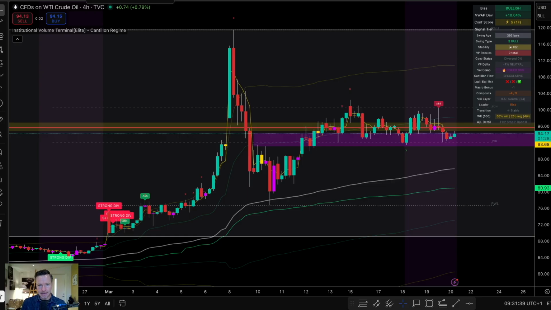That's building. When it reaches near maximum compression, it hits coiled. 90% means the spring is loaded to 90% of its capacity. Coiled readings of this level on a +3 instrument, maximum bullish score, have a directional lean. When the compression releases, it follows the bias. And the bias here is bull.